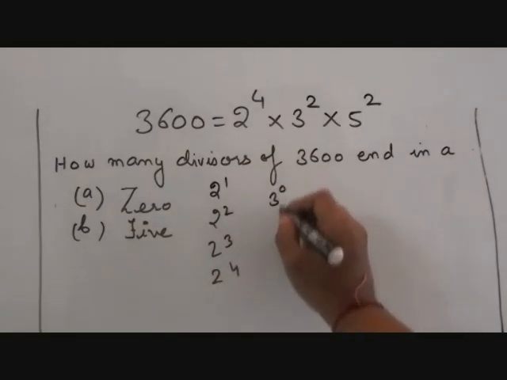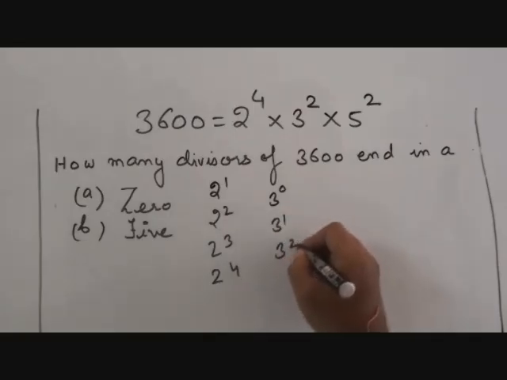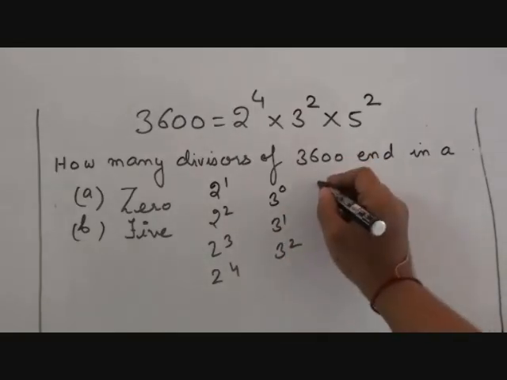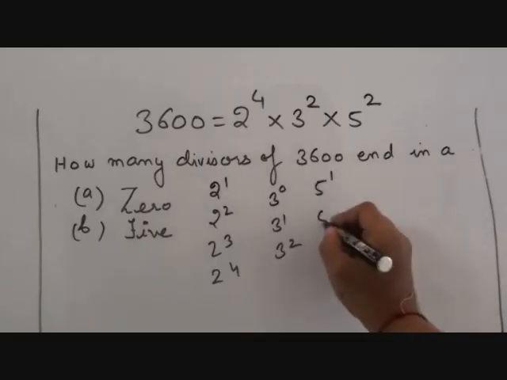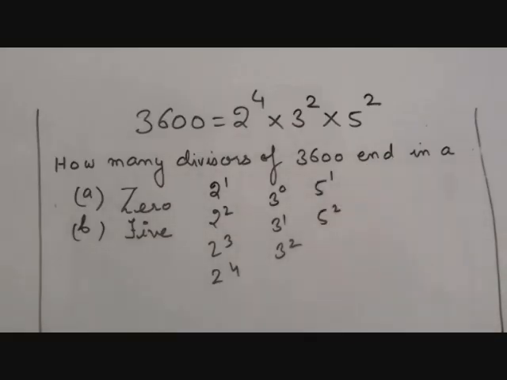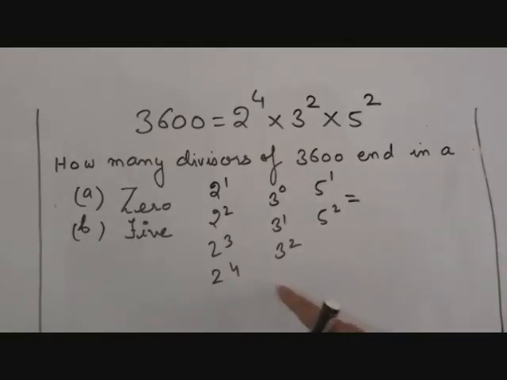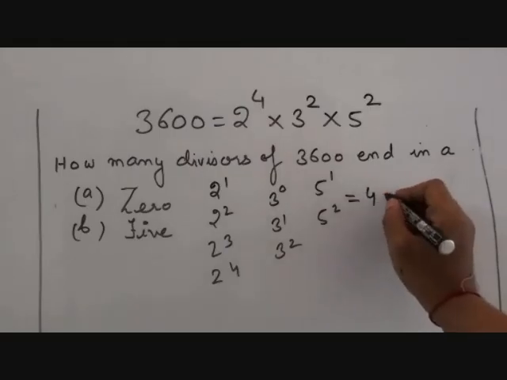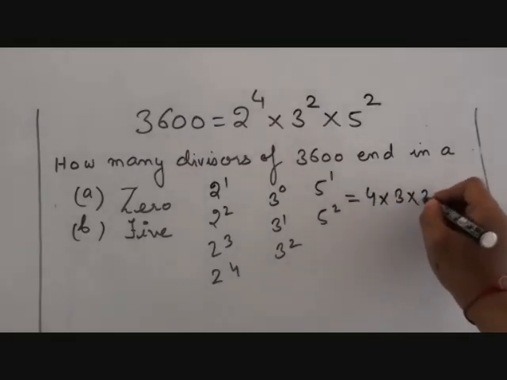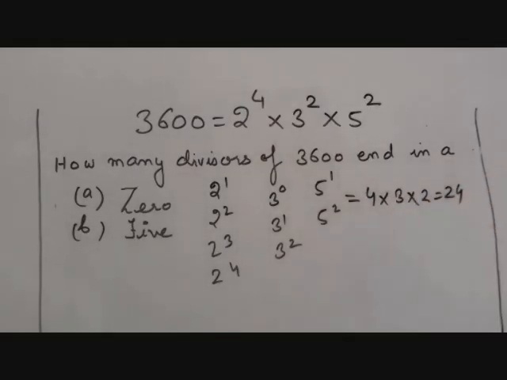We can take any power of 3: 3 raised to 0, 3 raised to 1, 3 squared. And the powers of 5 that we can take are 5 raised to 1 and 5 squared. So the number of divisors which are multiples of 10 is 4 into 3 into 2, which is equal to 24. There are 24 divisors of 3600 which end in a 0.